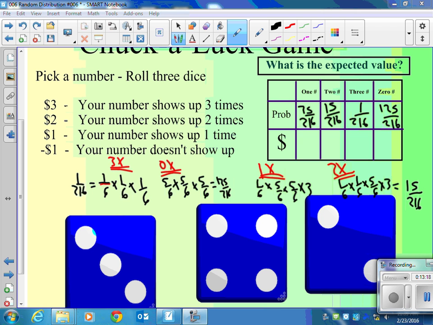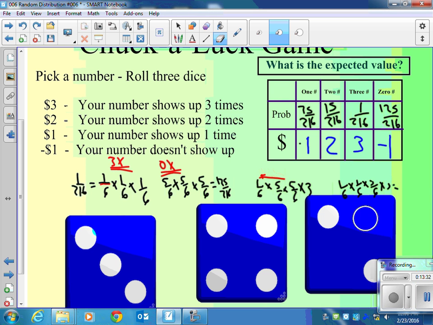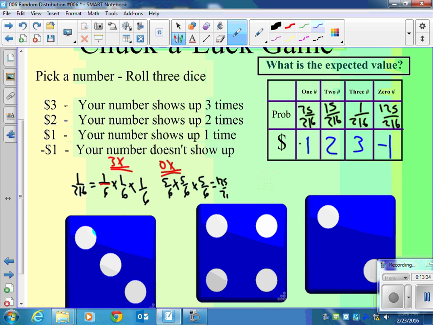And so the expected value is that you will get $1 if you get 1, $2, $3, and -$1 if you miss all of them. And so we can take these values. The expected value is the product of these.